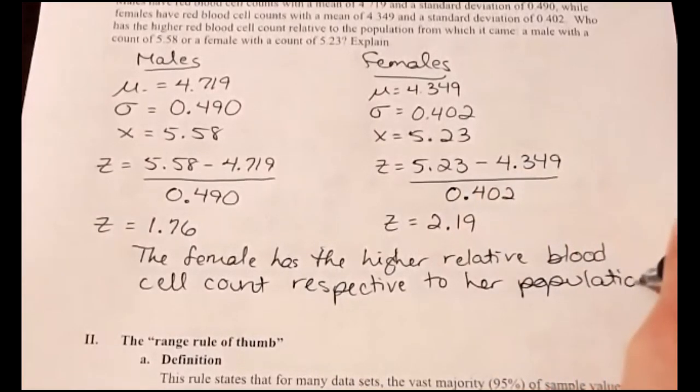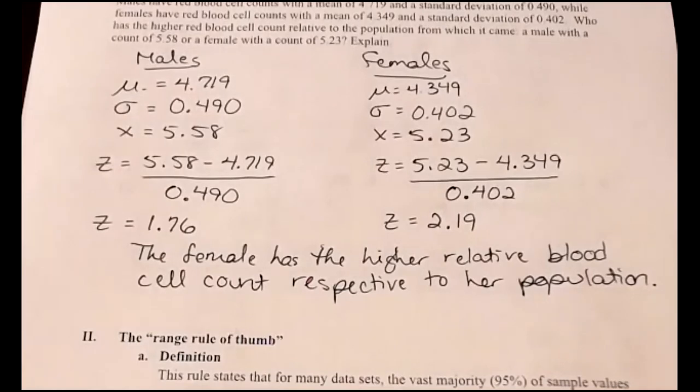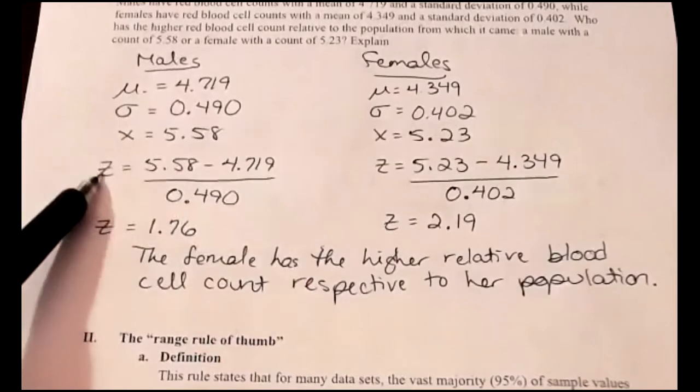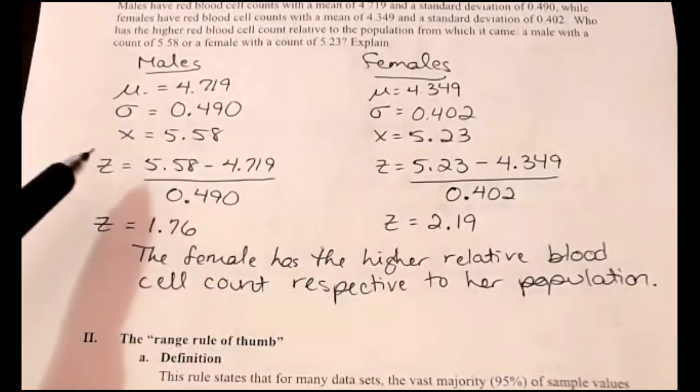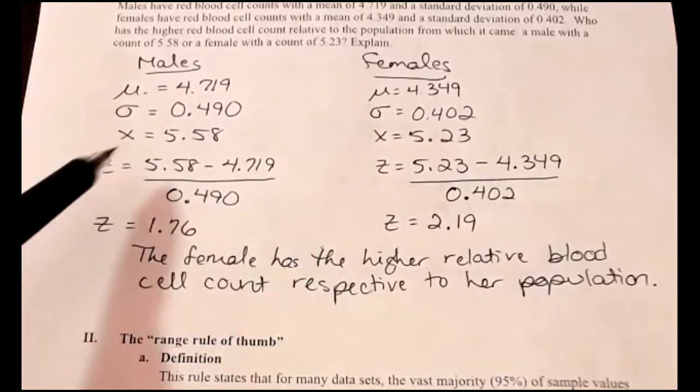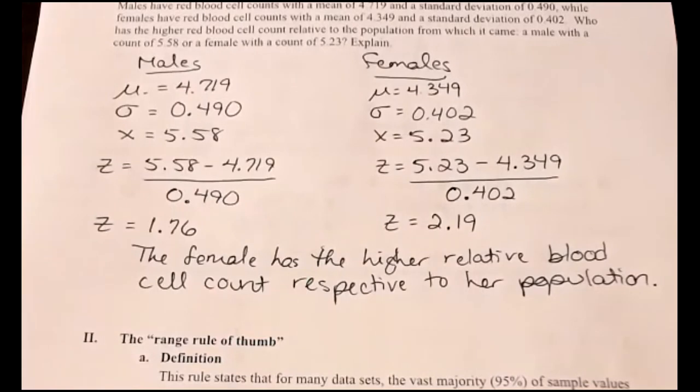Excellent work. This ended up being really nice because we were given the mean, the standard deviation, and even the raw data value. I will tell you that because you have 4 values in any z-score formula, if you're given any 3, you can find the 4th.